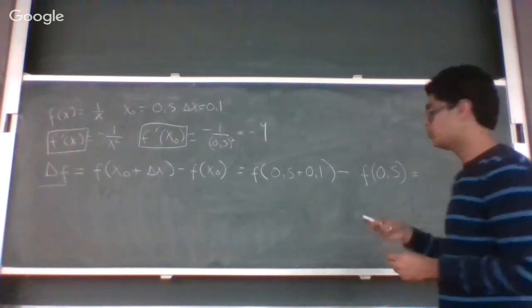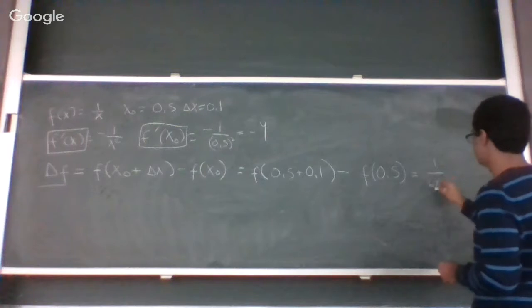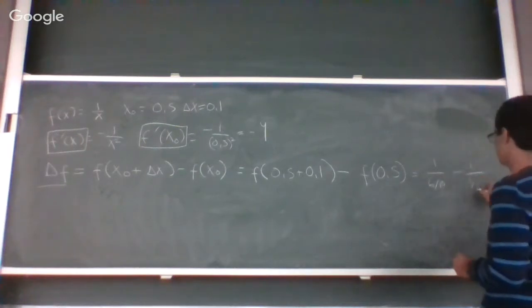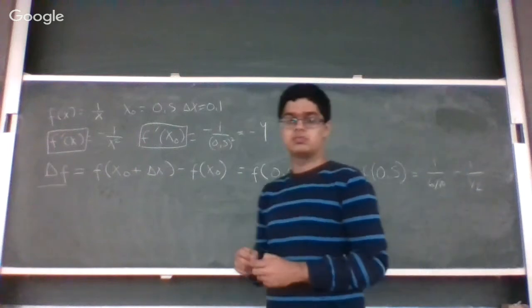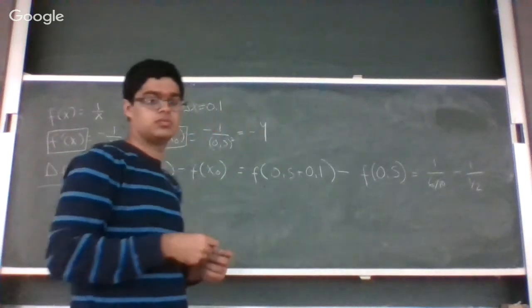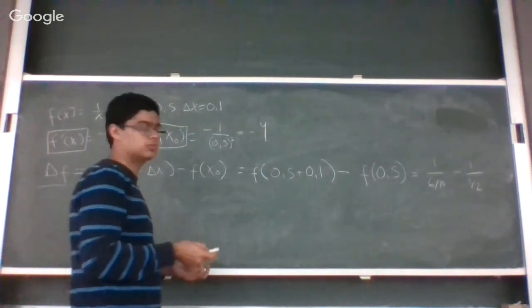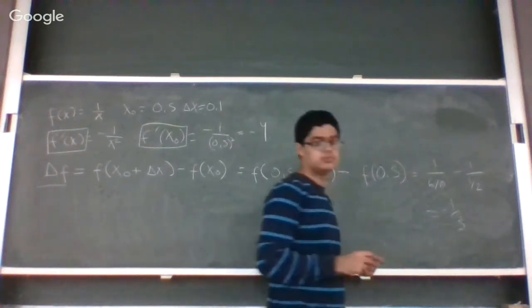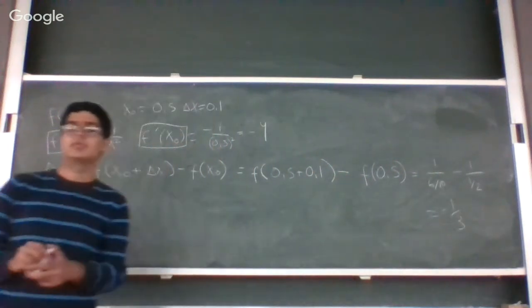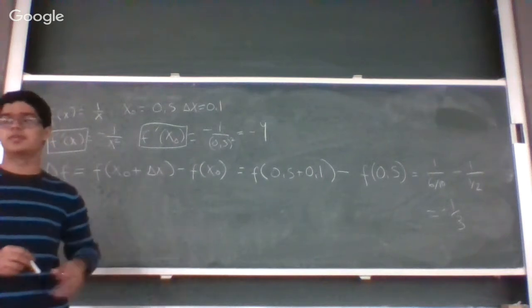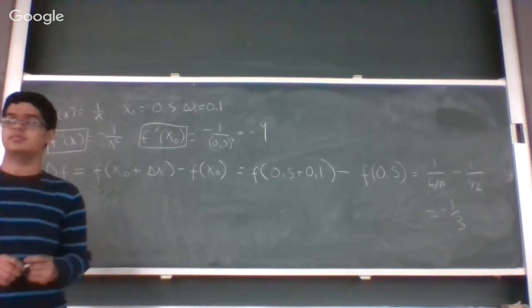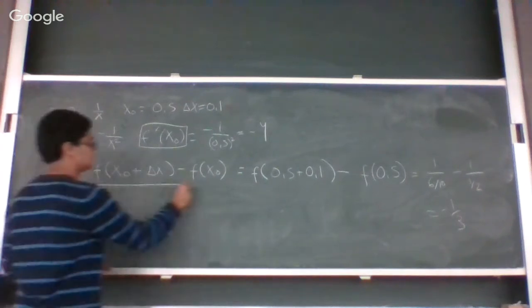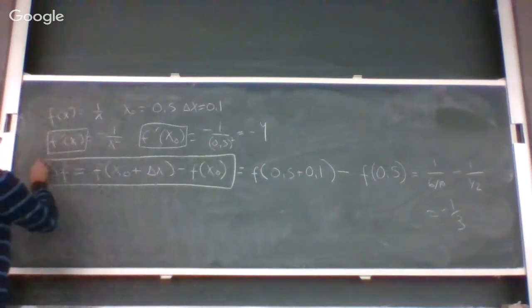This I have 1 over 6/10 minus 1 over 1/2, which in the end is equal to negative 1/3. You did this in class. Let me just say that. So the main part was knowing this formula.